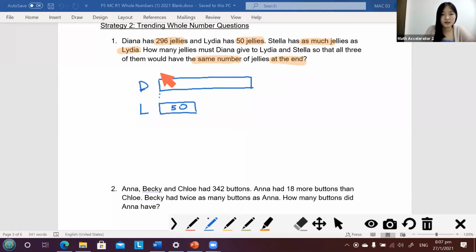And then Diana, 296. Stella has as much jellies as Lydia. So that means equal. Alright, so annotate your question. Stella should have the same model as Lydia here. Also 50.